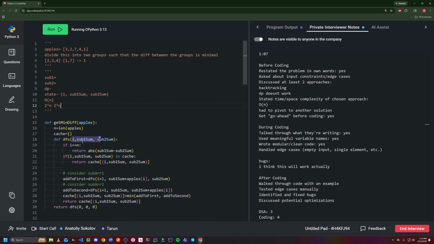So I don't even know if this is better than backtracking, because you can have a bunch of different combinations in sub 1, and a bunch of different combinations in sub 2. I don't even know if this DP is going to outperform backtracking. Either way, you thought it would be one thing, where you cache something, and then it was completely the other thing. So that's the negative here: what you said you were going to do didn't match what you did.